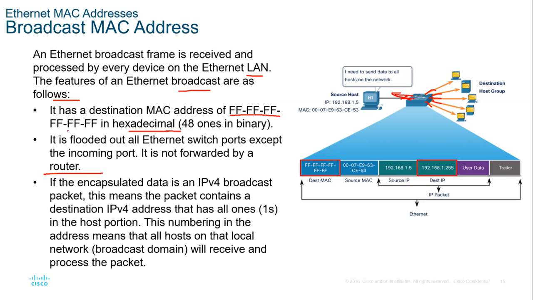If the encapsulated data is an IPv4 broadcast packet, this means that the packet contains a destination IP address that has all ones in the host portion. This is what we call the broadcast address. So if we are dealing with IPv4, the broadcast MAC address is FF-FF-FF-FF-FF-FF.